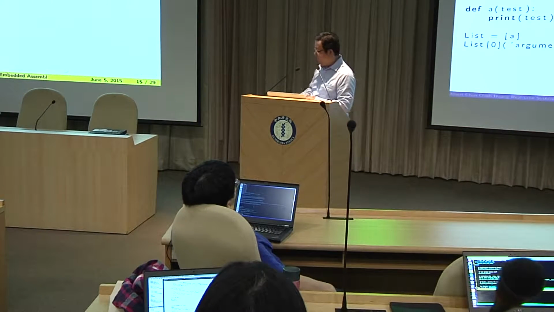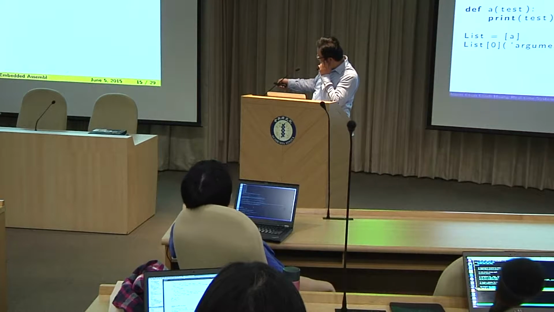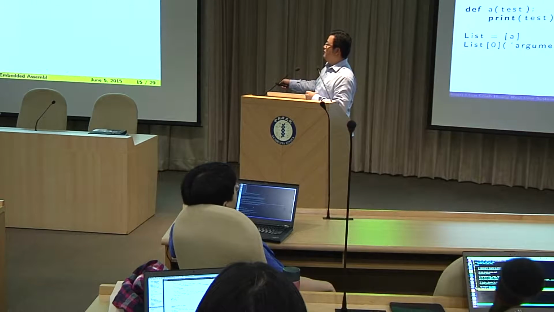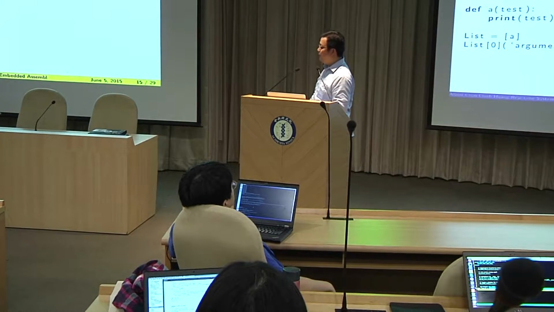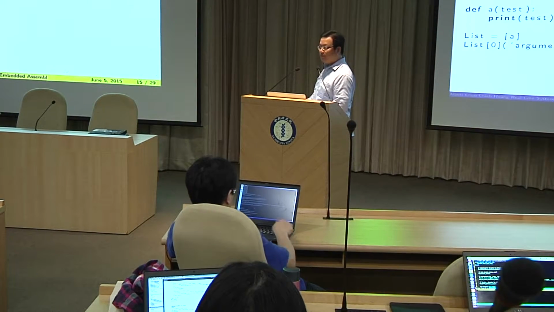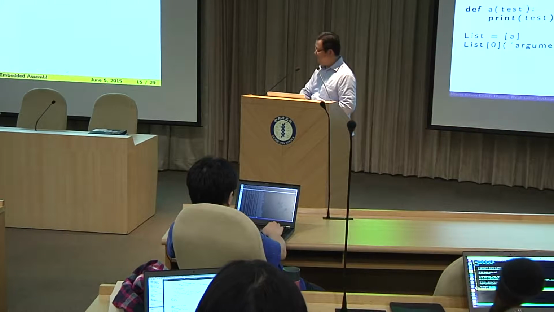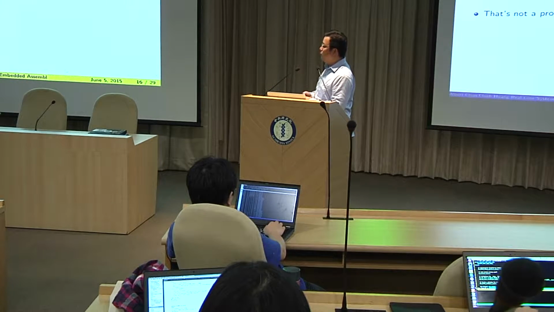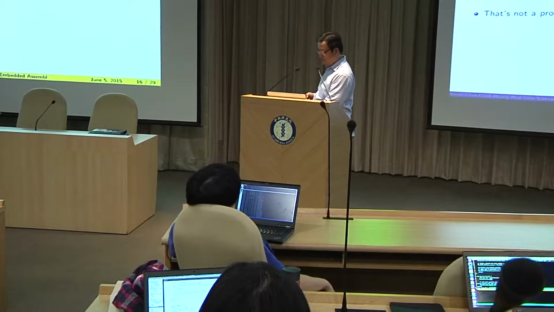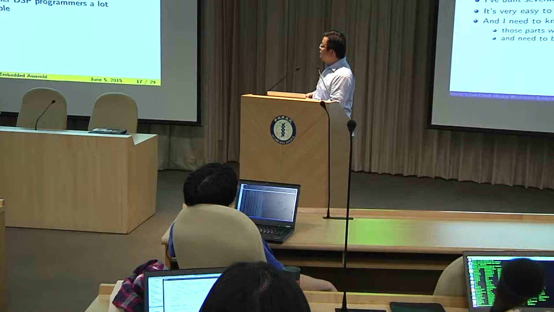It's like this. A is a function. Then you put it in a list, and then you call it by this syntax, and it becomes a function pointer. At least we treat it as a function pointer. For global variables, that's not a problem in Python, right?